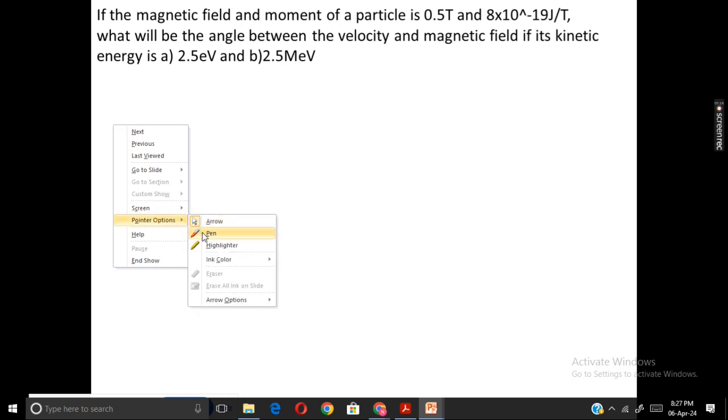The equation that we require is magnetic moment by kinetic energy is equal to sine square theta by B. They have given us the magnetic field. So mu is the magnetic moment, B is the magnetic field, and mu by kinetic energy is equal to sine square theta by B.